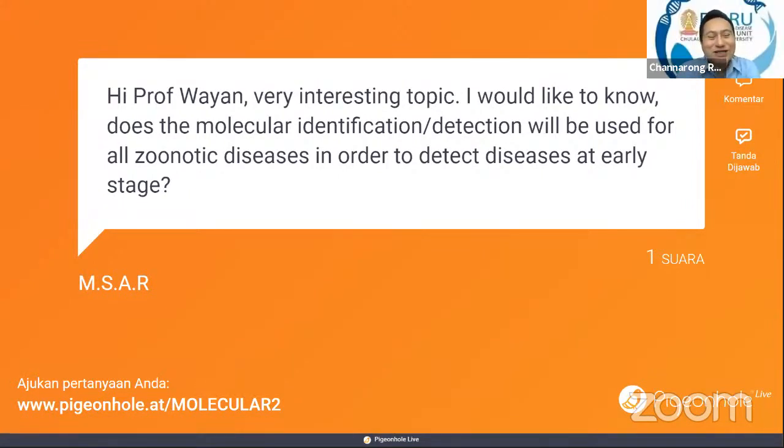Yes, of course, you can use molecular identification and detection for zoonotic disease. You also have to base it on the clinical signs that you observe from the animals. You have to have a basic background about the disease in animals.